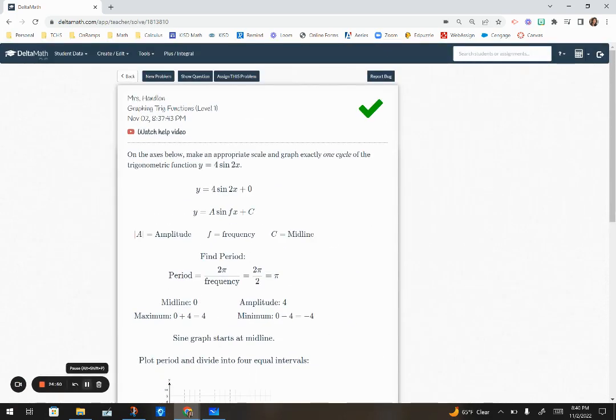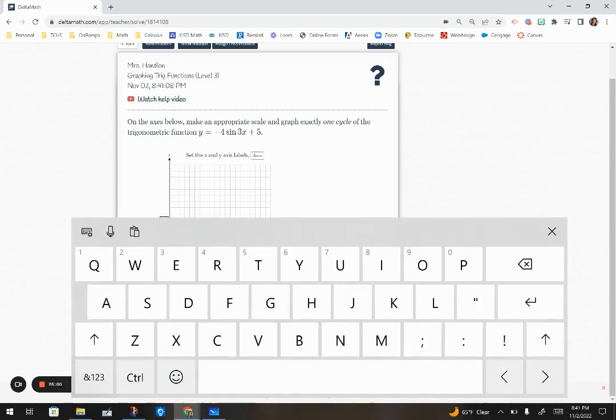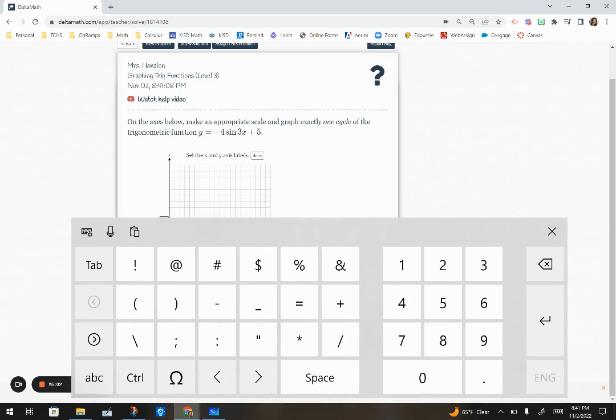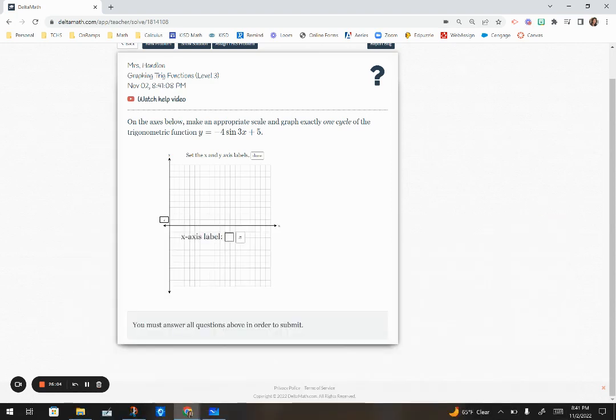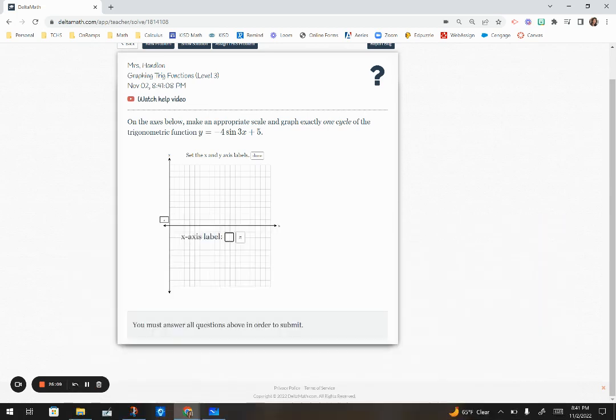Okay, here's one more problem. Here's a graph, y equals -4 sine 3x plus 5. I'm going to put the 1 right there. And then here we have to calculate the period. And so look at our b value.